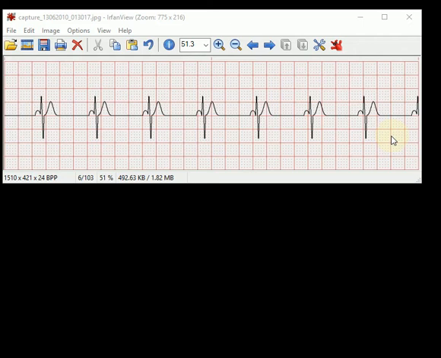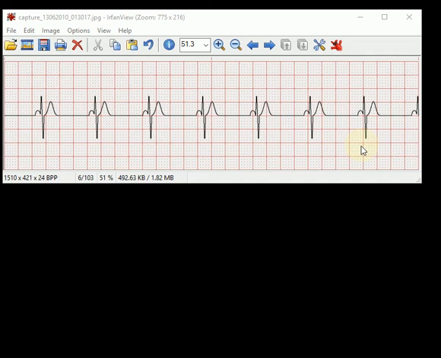But if we go by the rules, QRS is narrow, P waves are upright, round, and symmetric. The PR ratio is 1 to 1. PR interval is too short. The P waves are late. The R to R is regular, and the rate is 75 or 70 or 80. We've hit all the characteristics here except the PR interval is too short.